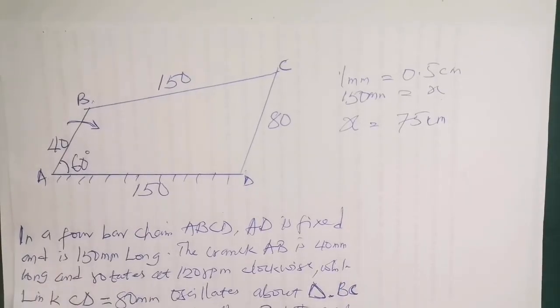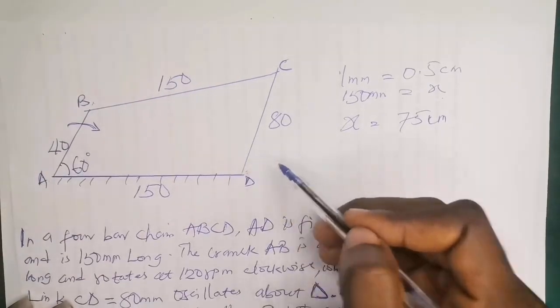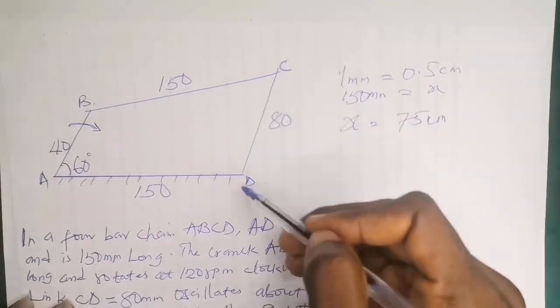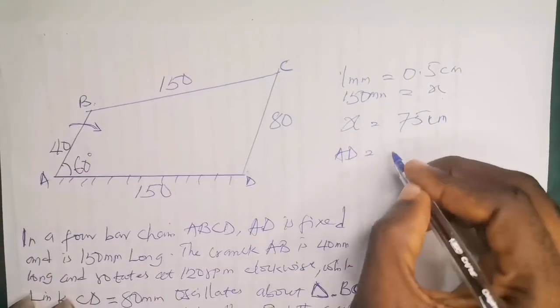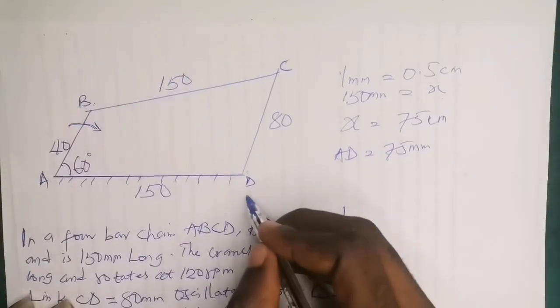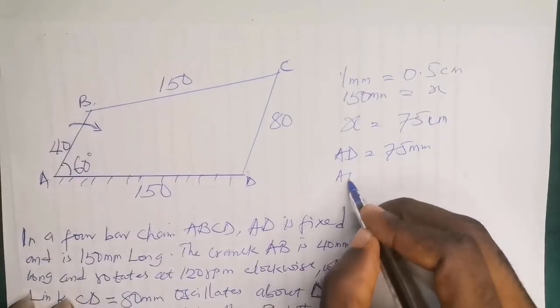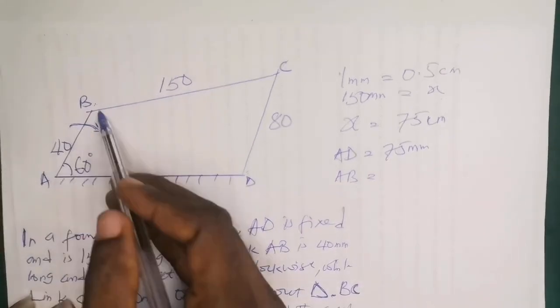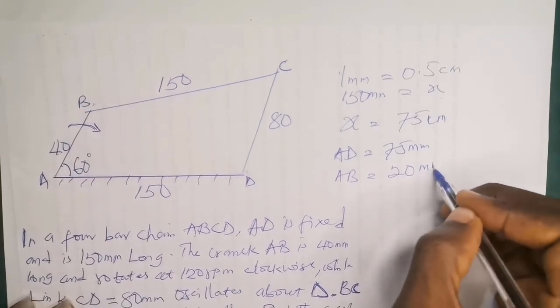That simply means that we are going to be dividing all the sides by 2. If you apply the same principle here, 80 times 0.5 gives us this link. So basically, we are taking AD to be equal to 75 millimeter. We are simply dividing each side by 2. AB is 40 millimeters, so if you divide by 2, you have 20 millimeter.